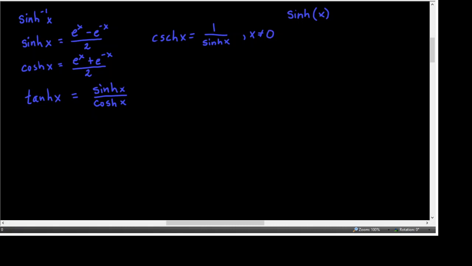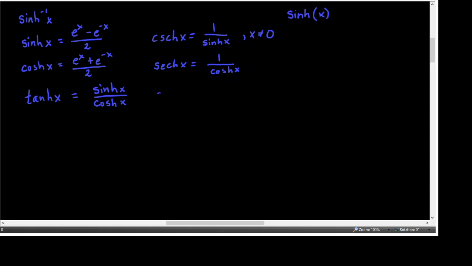Now, if you're thinking about hyperbolic secant of x and think the same thing is going to be true, it's actually not, because the only way hyperbolic cosine of x could be 0 is if e to the x and e to the negative x were both 0, which is impossible. So there's no such restriction made on hyperbolic secant of x. X can be any real number.